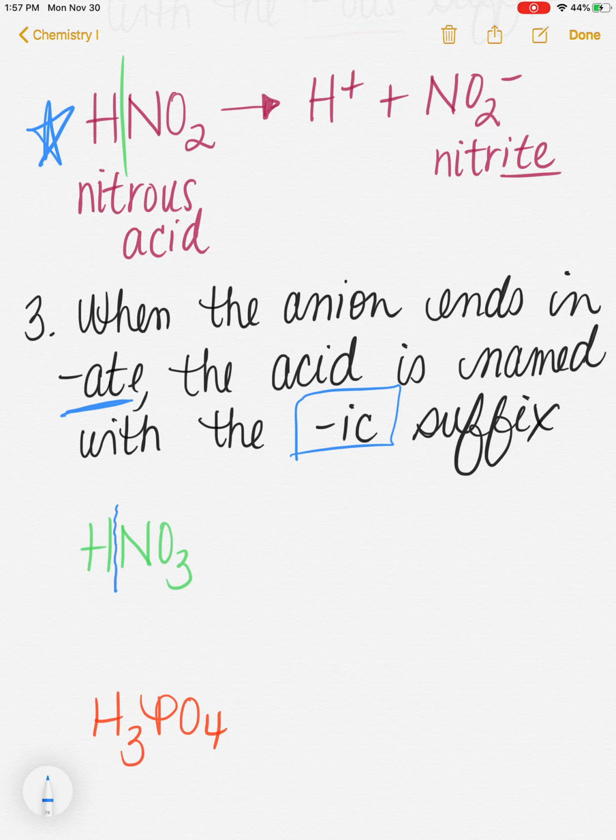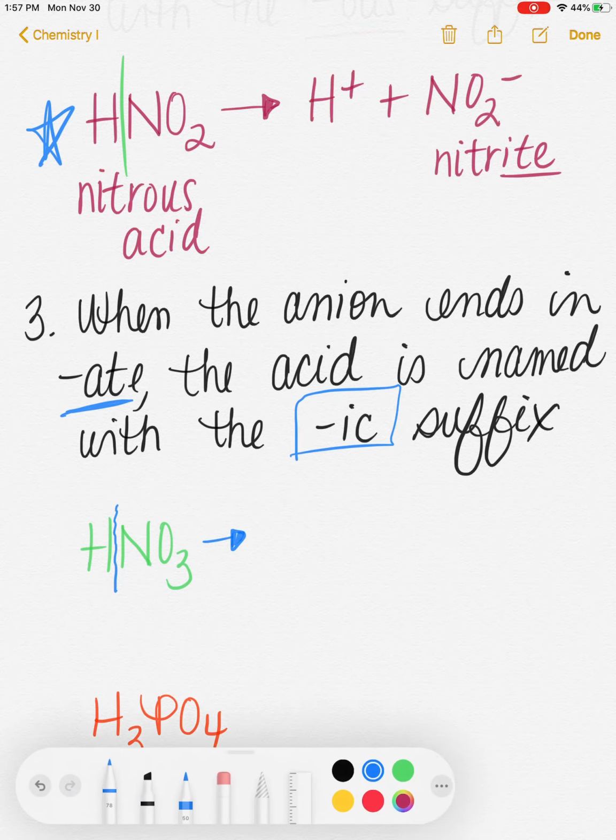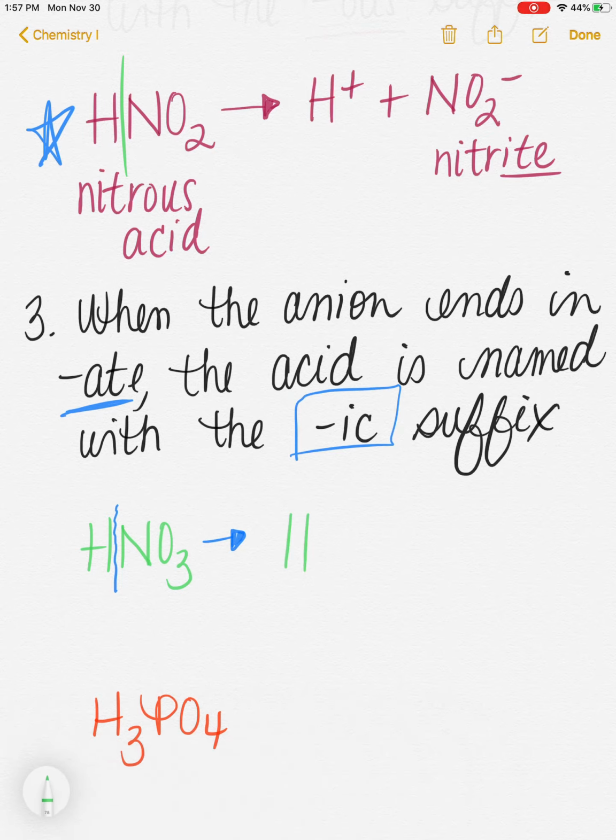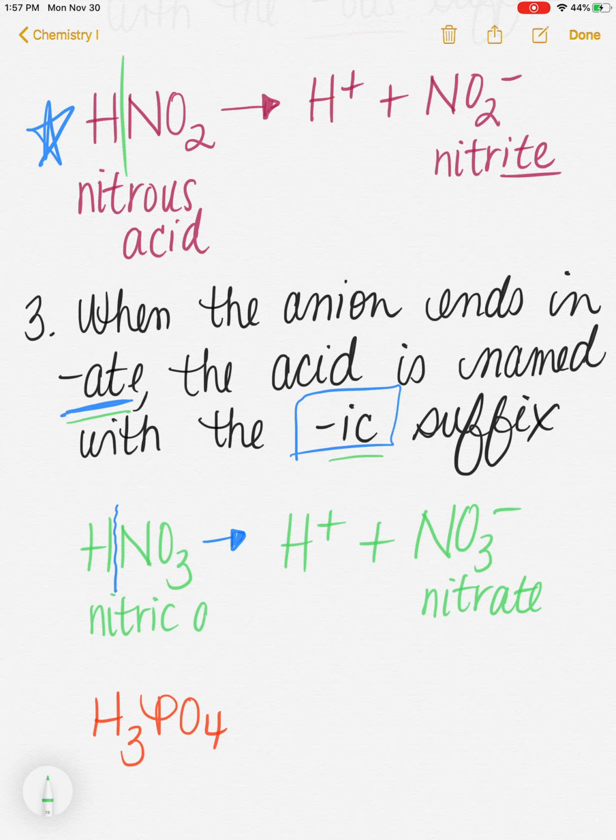So if I divide off my acidic hydrogen here, HNO3 is going to make H+ and NO3-. And NO3- ion is nitrate. So my rules say if it's an ate anion, it becomes an ic acid. So HNO3 would be named nitric acid.